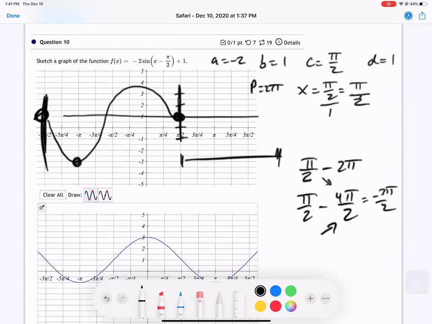Now my, whoops, sorry, I went too far down. My amplitude we said was right here. That's where the graph is stuck between here. So 0, negative, 0, up, 0. So this is how we would graph our graph.